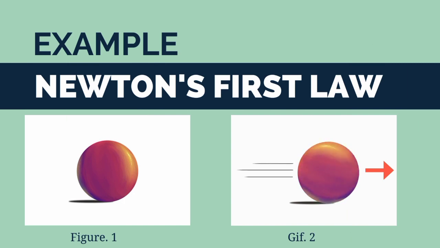Because objects in motion stay in motion and objects at rest stay at rest, there are figures and GIFs below. The first figure shows that a stationary object with no outside force will not move. The second GIF shows that with no outside forces, a moving object will not stop.